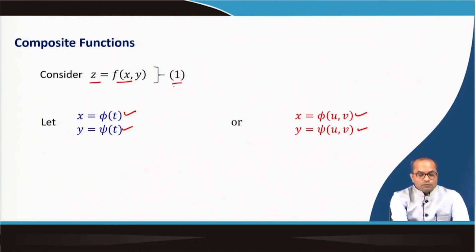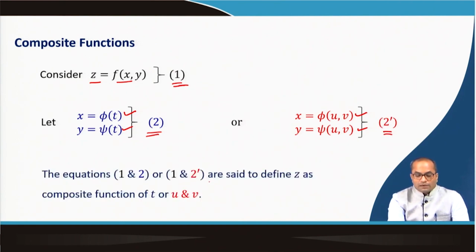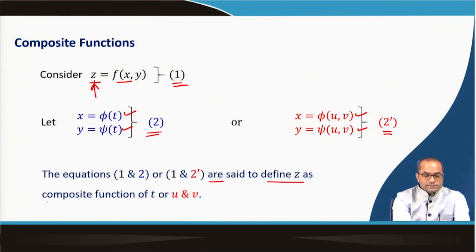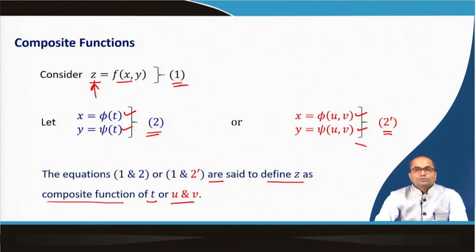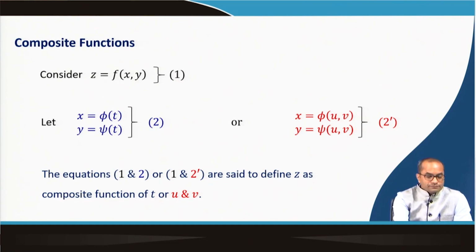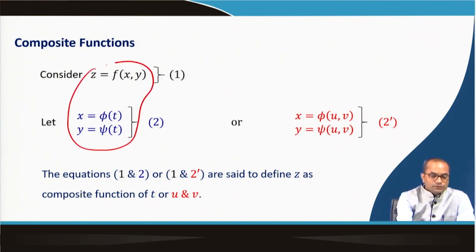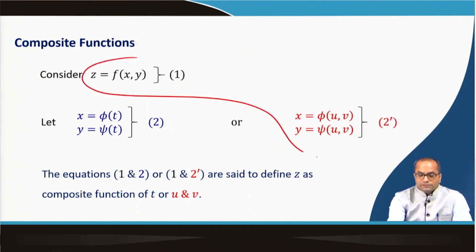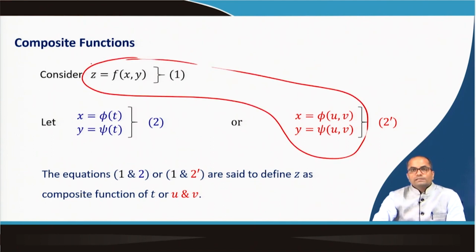So, this equation number 1 together with equation number 2, whichever is the case, are said to define z as a composite function of t, and in the second case a composite function of u and v. So, we call this z along with these x and y a composite function of u and v.